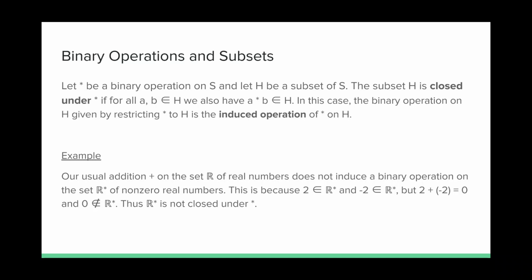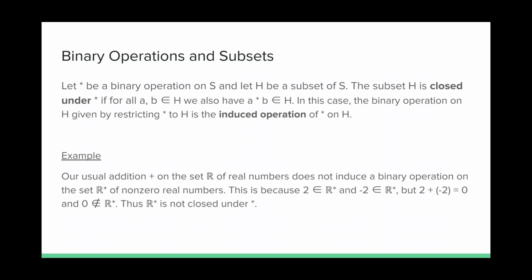In this case, the binary operation on H, given by restricting the binary operation to H, is called the induced operation of the binary operation on H. So essentially, if we have a big set S and a and b inside S form a star b, and all of them exist in the subset H, then the binary operation works inside the induced subset of the big set, which is H.